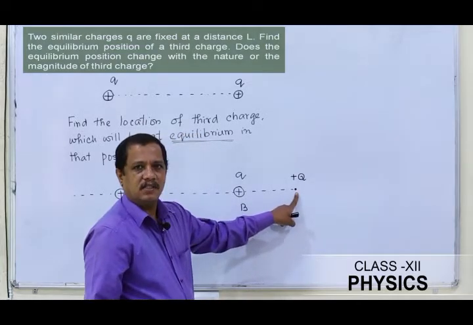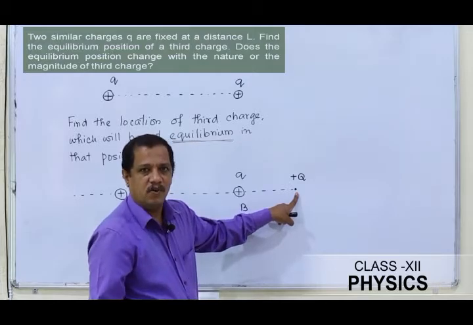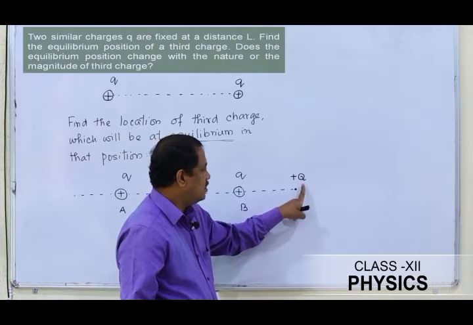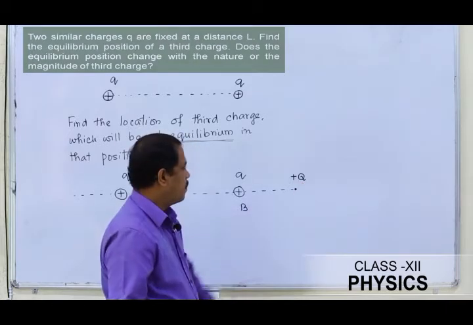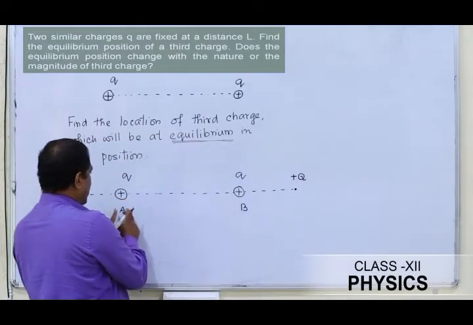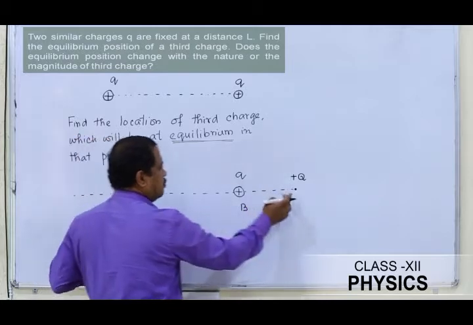Now the question is whether this charge will have a net force 0, or we can also ask whether this charge will be in equilibrium. To find it, I see that at this charge, the charge at A is exerting a force. This is a positive charge, this is a positive charge.